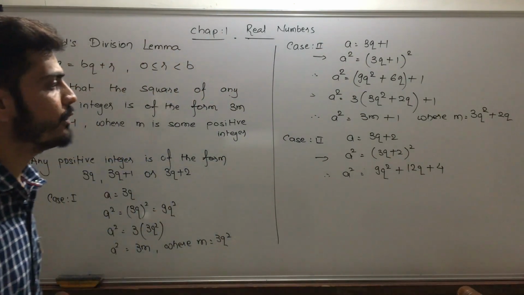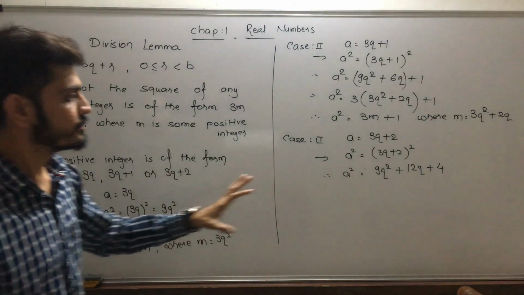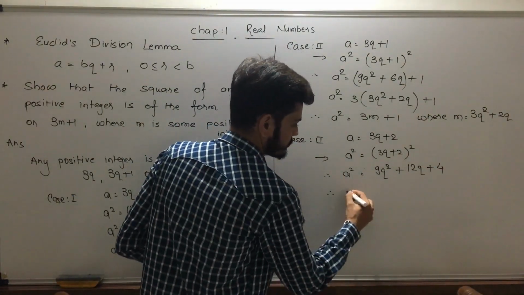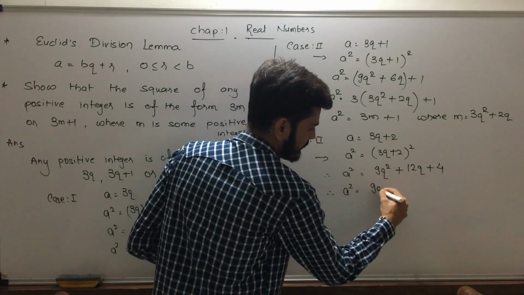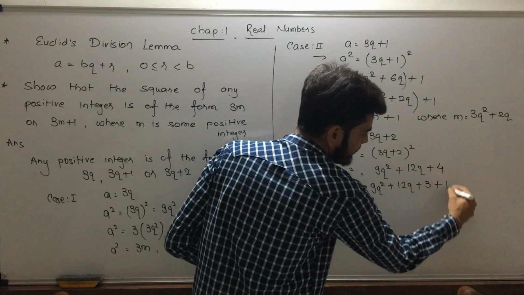Again the square of any positive integer should be of the form 3m or 3m plus 1. So this 4 can be written as 3 plus 1. So a square is equal to 9q square plus 12q plus 3 plus 1.